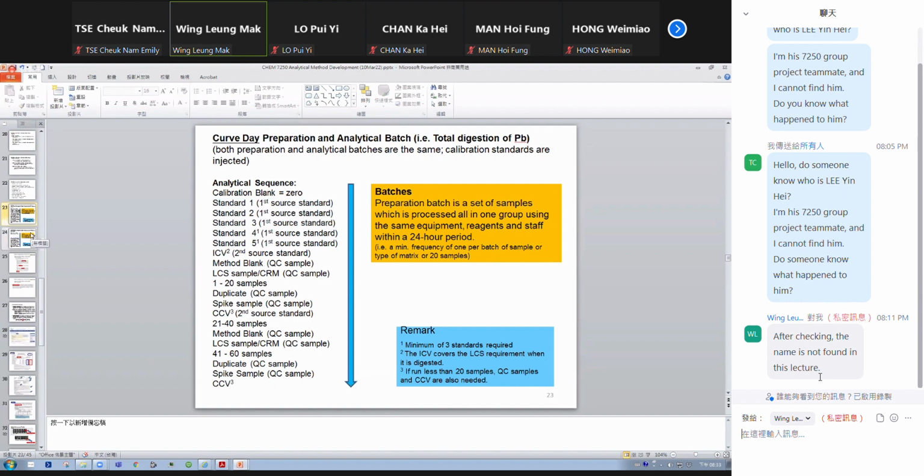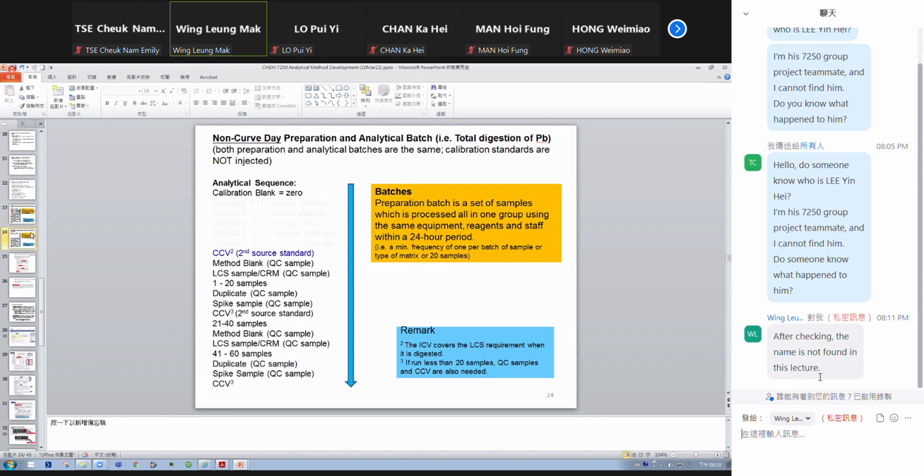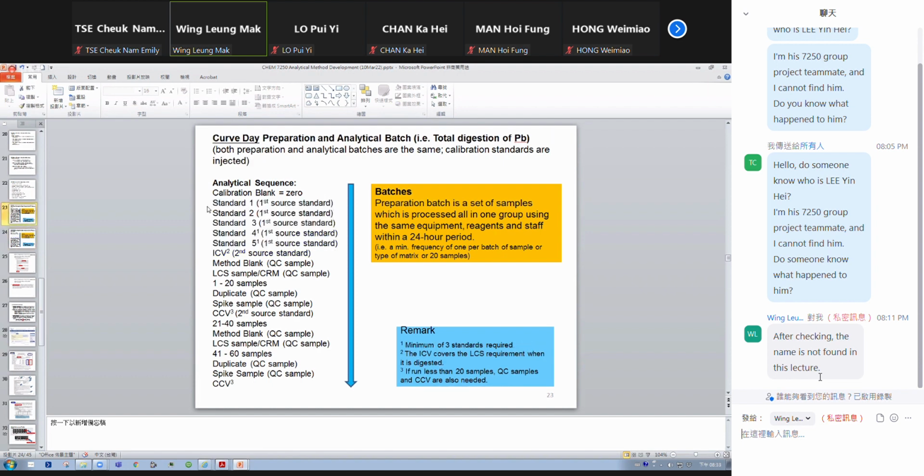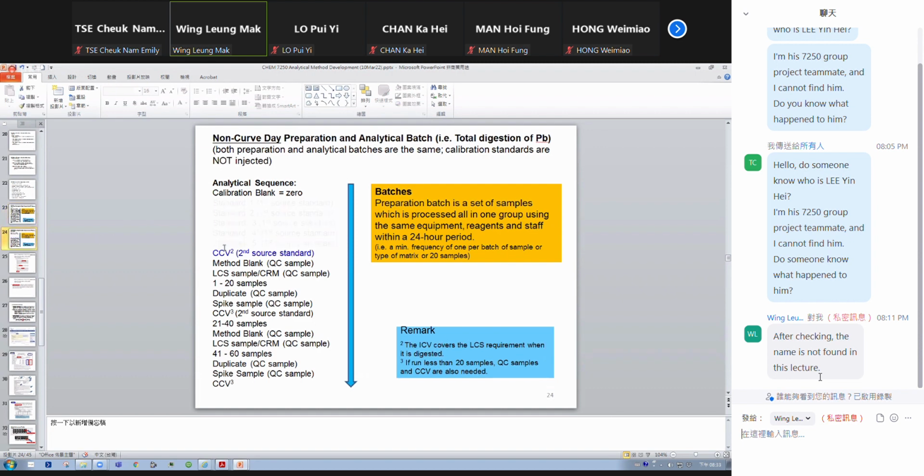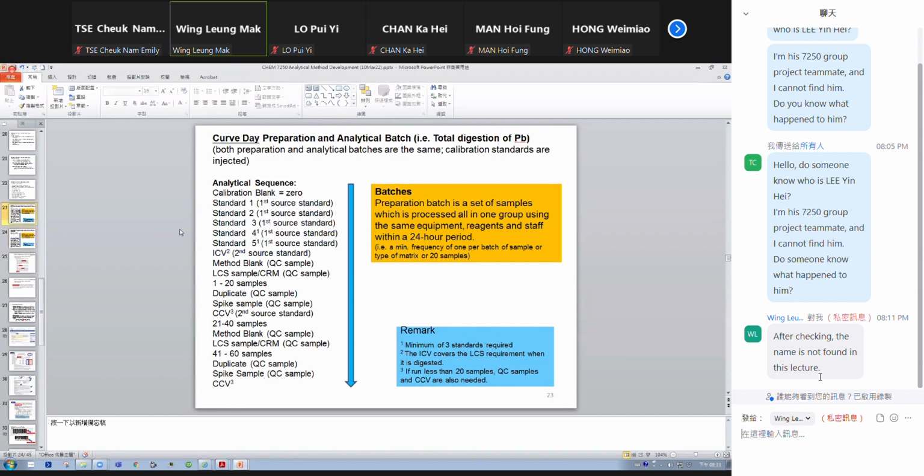Okay, for the second day, maybe we want to use this calibration curve again. We just use the CCV to check back the QC and bracket those samples, and you can continue to use this calibration curve for your measurement.